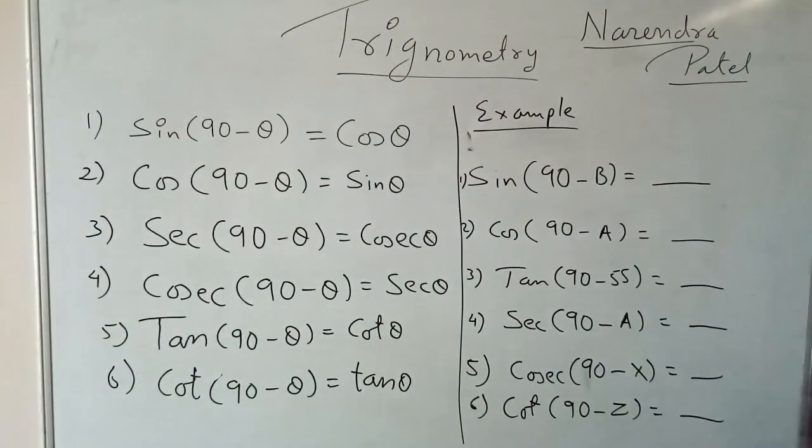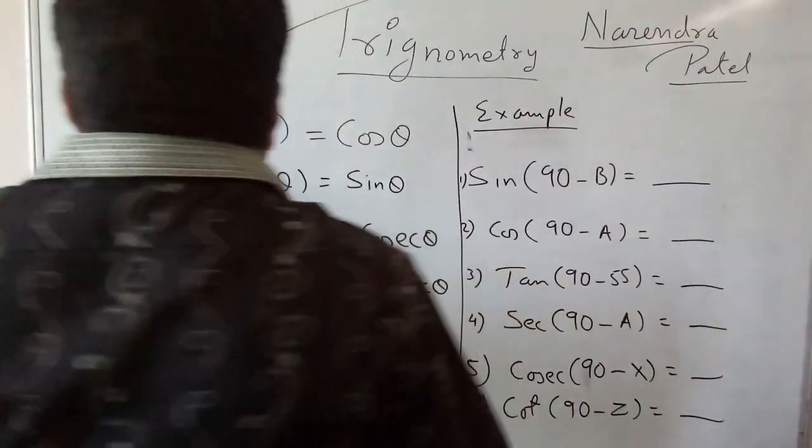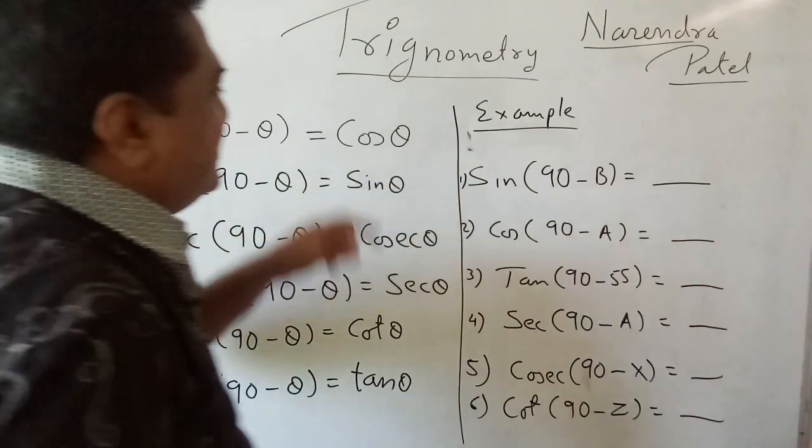So simple, this type of question is asked in the exam. You can do this question by watching the formula. I have written the formulas also. From that formula, you can judge it. See what is here, sine 90 minus theta is cos theta.